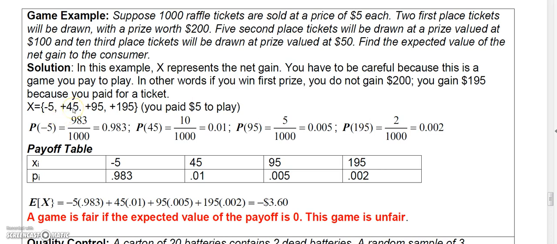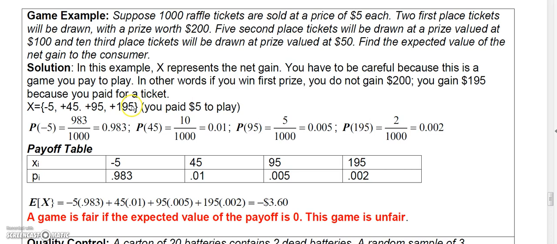If you win the third place prize, you actually only won $45 because you paid $5 for the ticket. And if you win the second place prize, you only won $95 instead of $100 because you paid $5 for the ticket. And if you win the first place prize, you only won $195.